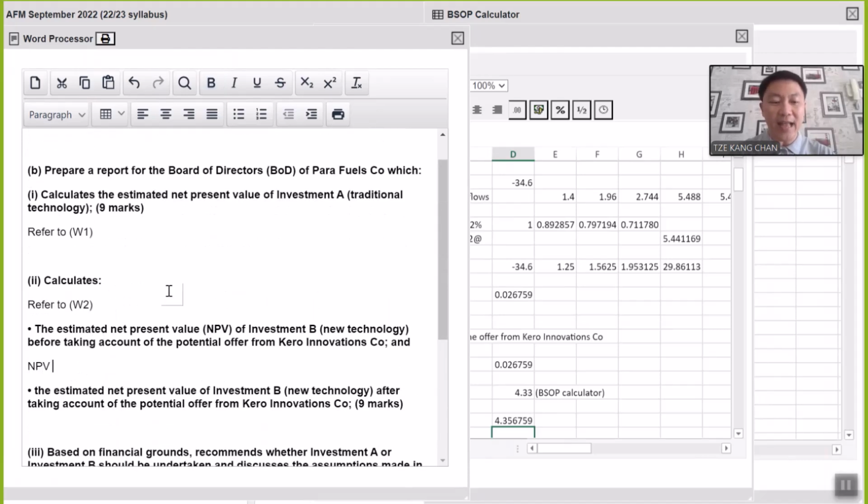What exactly is the NPV before looking at the real option, and what is the resulting NPV after looking at the real option? This is obviously coming to 0.026759 in million dollars, as well as 4.356759, again in million dollars.